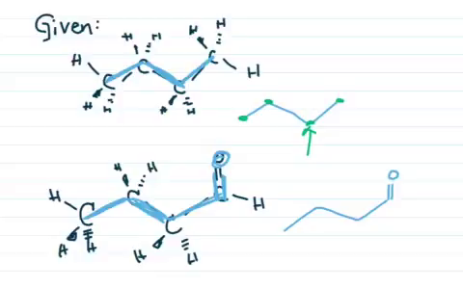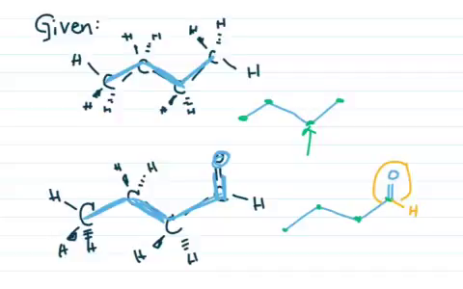You just need to remember that again, each little bump is a carbon, and you need to fill in the hydrogens accordingly. Because there is an oxygen double bond, we know we need to have a hydrogen right here, so that carbon fills its octet.